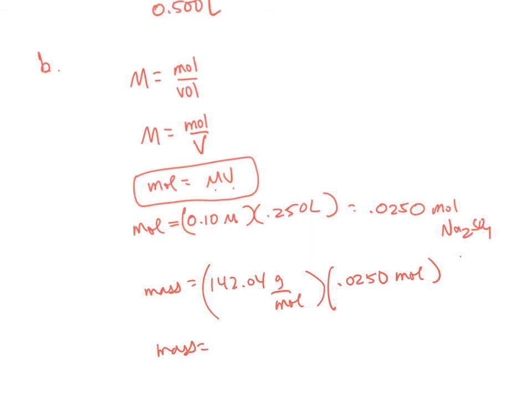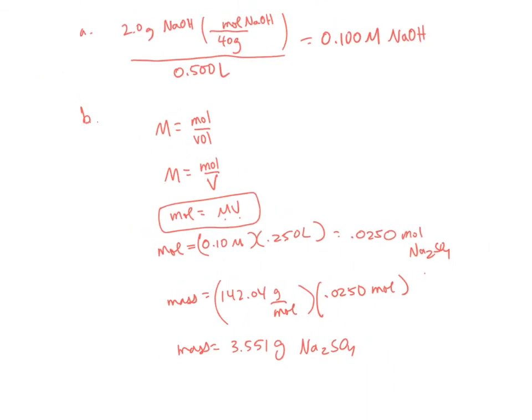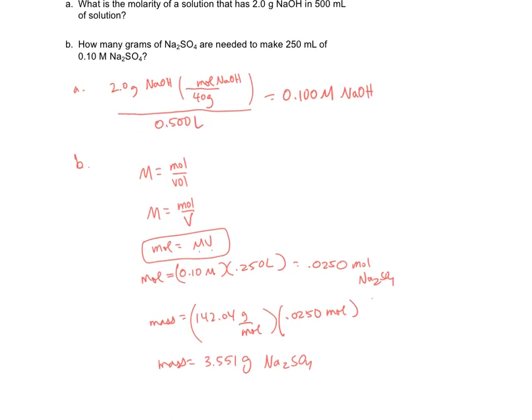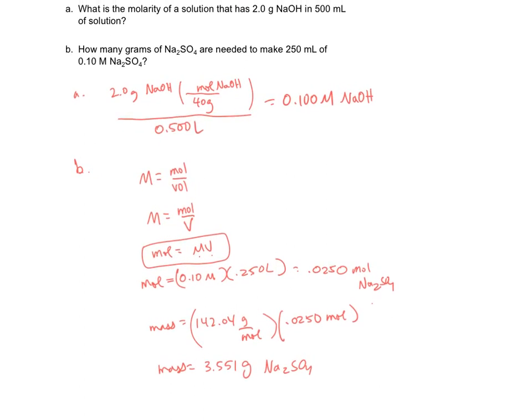So this will be 3.551 grams, or 3.55, but I would weigh one extra sig fig for rounding purposes later, of Na2SO4. So it'll be 3.55 grams you're going to weigh out. You're going to put it in a 250 milliliter flask, shake it up, and you have a 0.1 molar solution of sodium sulfate.